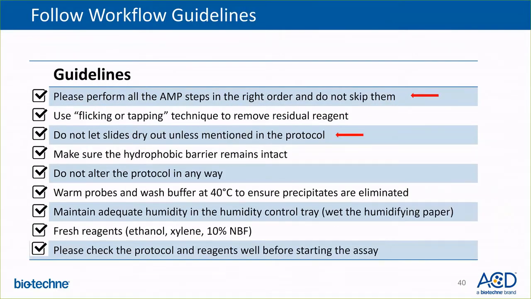We also have some recommended general guidelines. For example, once you begin the assay, do not let the slides dry out. Do not skip any of the amplification steps. Do not alter the protocol. Again, this information can be found in the user manual for your future reference.